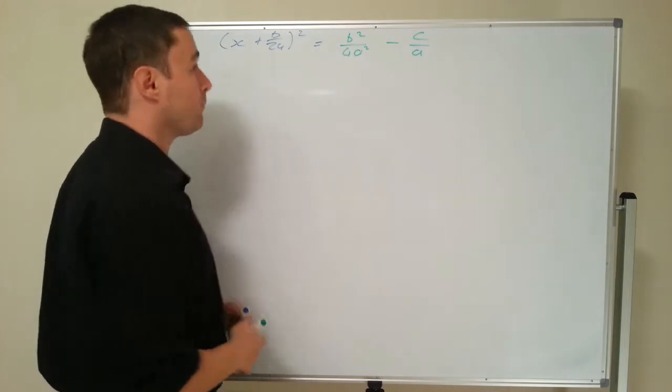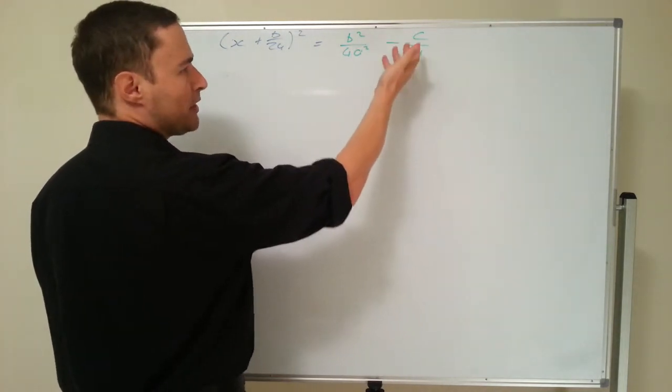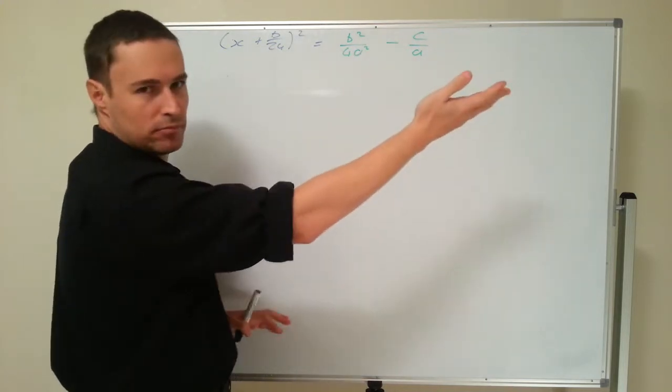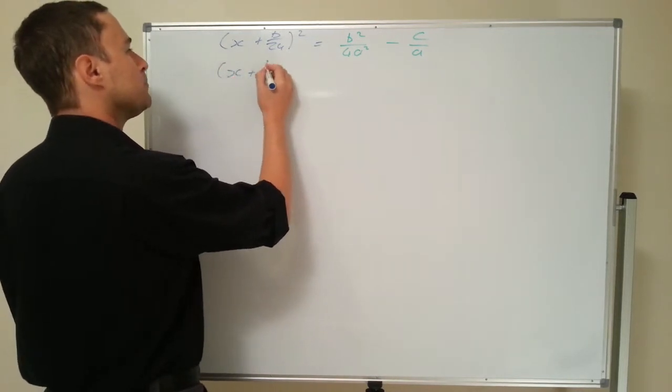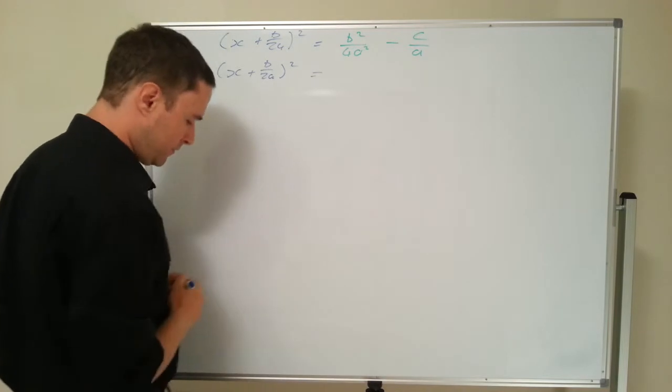You're with me? Okay, great. All I've done is swap the order of this. It was negative c over a plus b squared over 4a squared, but just swapped the order. So let's still keep x plus b over 2a squared here, and let's tidy up this side.